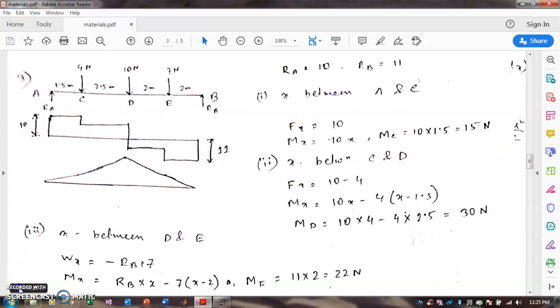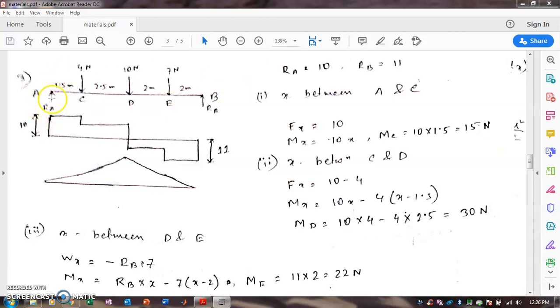So at first we need to calculate RA and RB. Then we are going to draw the shear force diagram by the same procedure. At first we consider the point X between A and C. We start from point A, and if X is between A and C, the only left hand side force of point X will be RA.